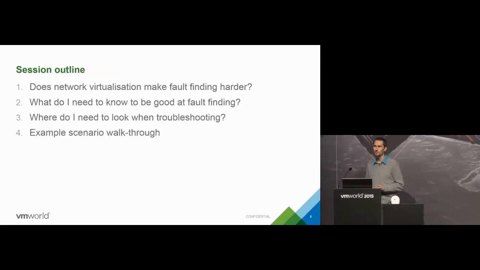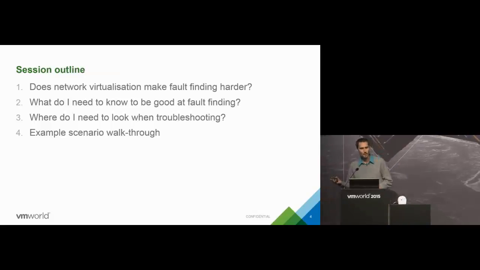Does it complicate things? Does it multiply complexity? What do I need to do to be good at fault finding, and where do I need to look for troubleshooting? And I'll present a small walkthrough scenario.